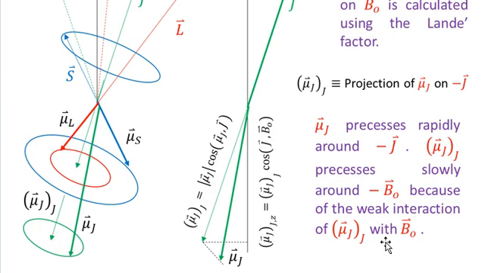That's why the precessional motion of mu jj about B naught will be slow. And its component is what we have calculated, which is the z component of mu jj. And this is the only component that is observable.